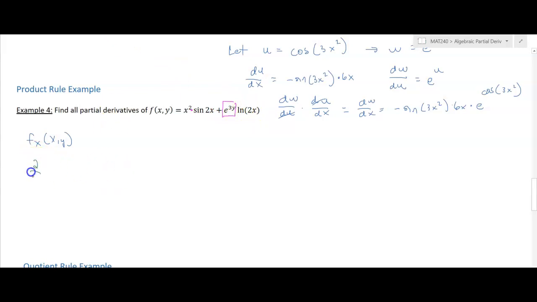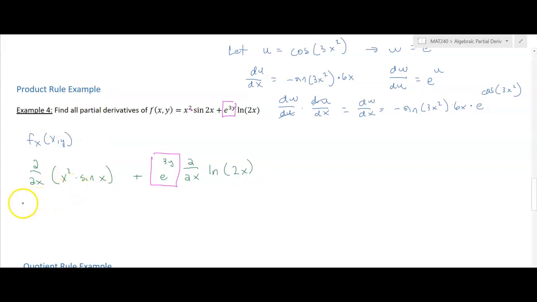So the partial with respect to x of x squared times sine of x. And then we're also going to take the partial derivative of the second term, and I can factor out that e to the 3y because it is a constant, and just take the derivative of the natural log of 2x. So there's our constant. Now here I have to apply the product rule because I have a product of two functions both containing the same variable x.